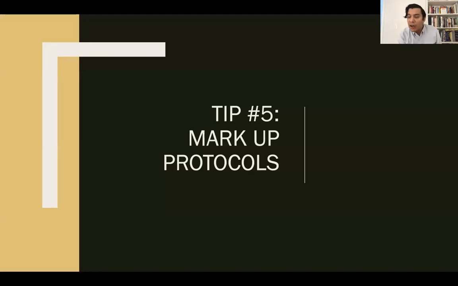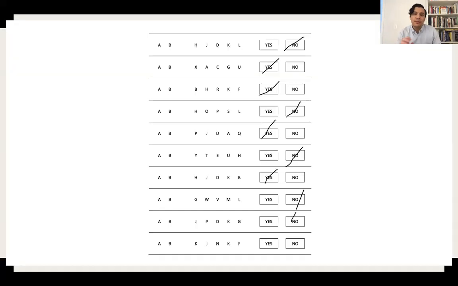Tip 5, mark up your protocols. Here is an example of a test that I put together based on symbol search. Symbol search is a measure of processing speed. The examinee is asked to detect whether the two target symbols on the left match any of the symbols in an array of 5 symbols presented.